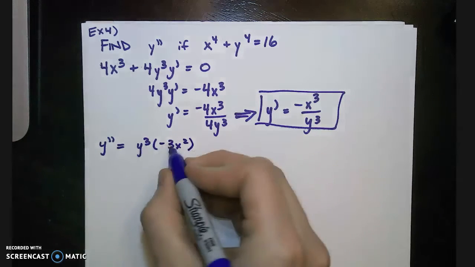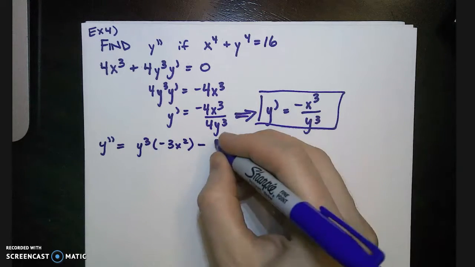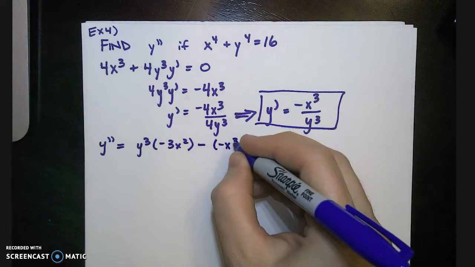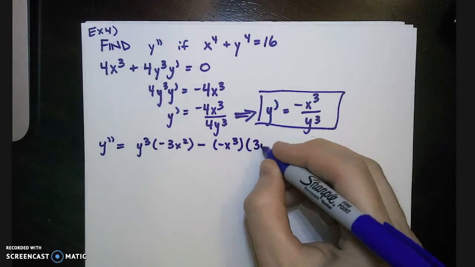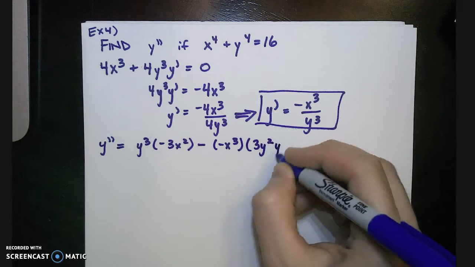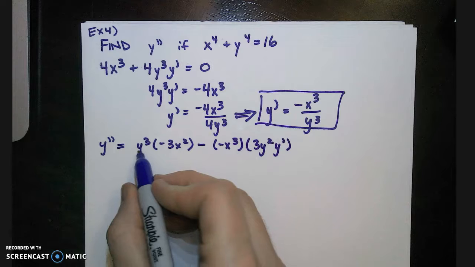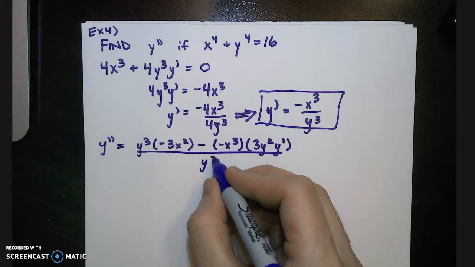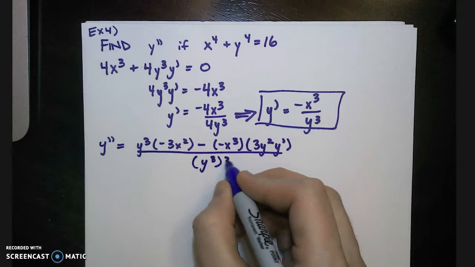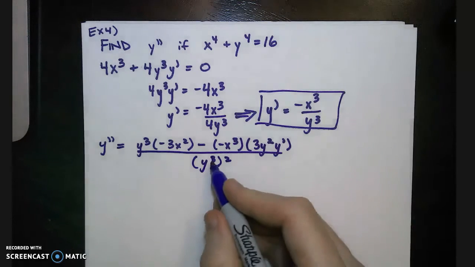So that was low d high, minus high. So leave the top alone. D low, we're going to do the derivative of the bottom, but it's a y. So it'll be 3y squared, and then we add a y prime. All over, square the bottom, and away we go. So we've got y to the third squared.